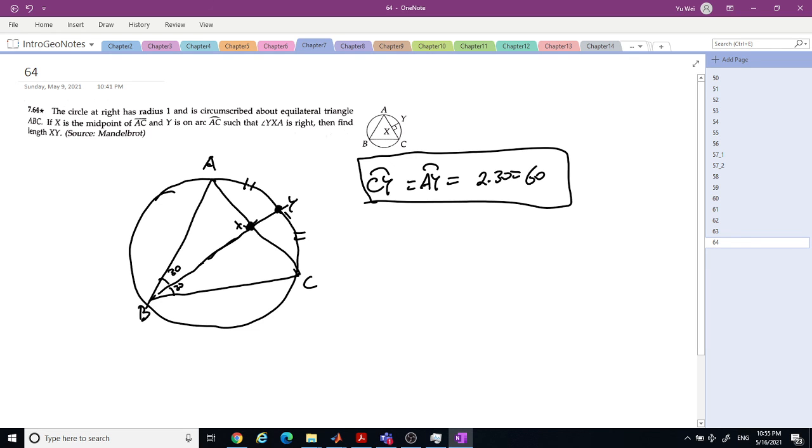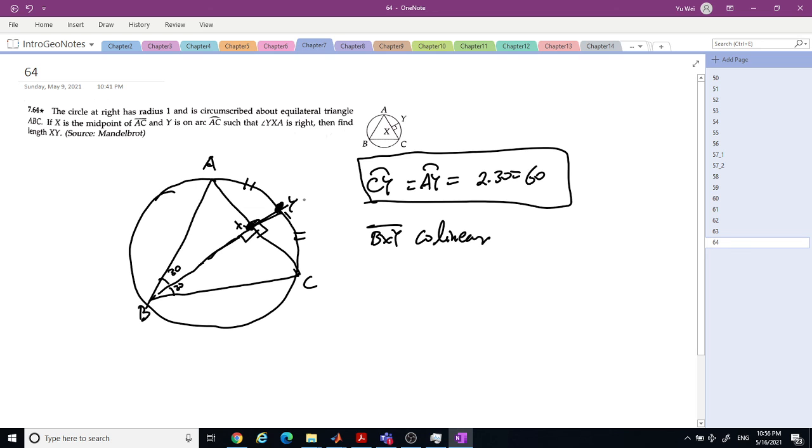Then X is the midpoint and Y is on the arc AC, such that, okay, this is 90 degrees, right? So we know BX is also 90 degrees. So that's why BXY is collinear. Then find the length of XY.